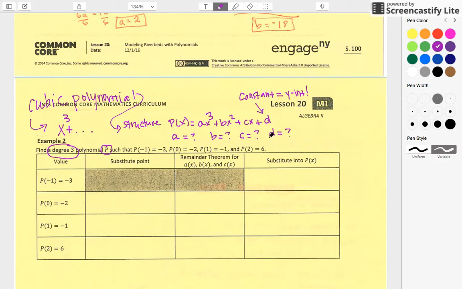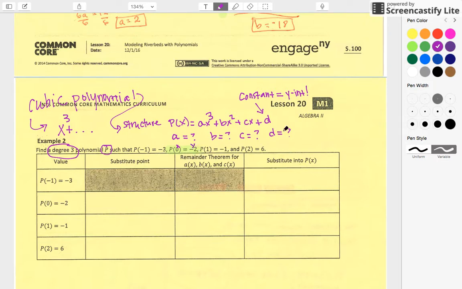Okay, d, or the y-intercept, is usually a lot easier to find if they already gave you a point where x is 0. And in this case, they have. So right here where it says p of 0 equals -2. That's just saying that when x is equal to 0, y is -2.